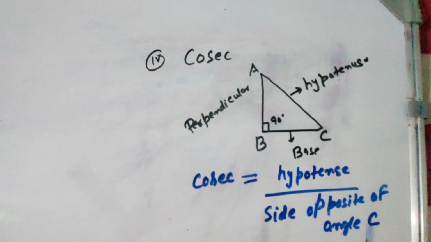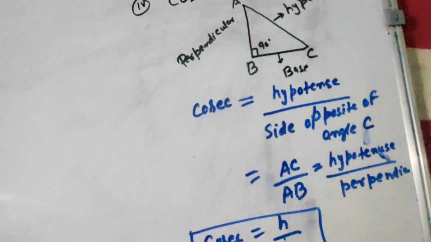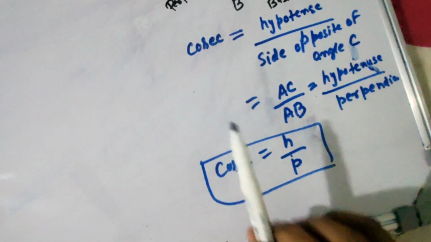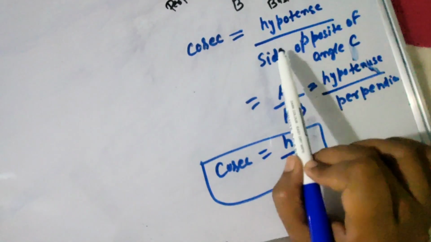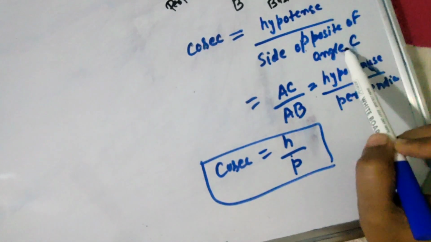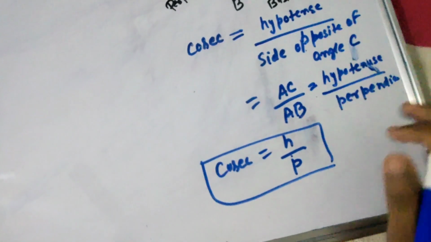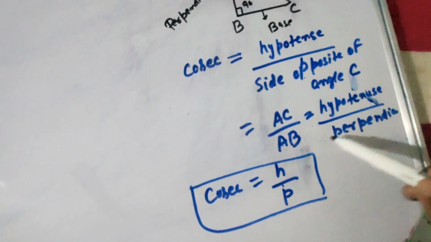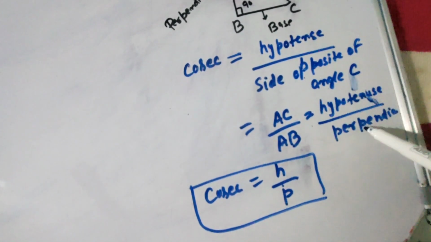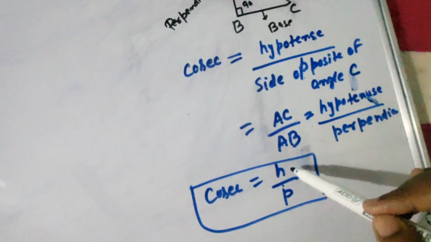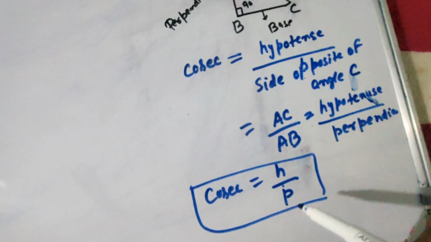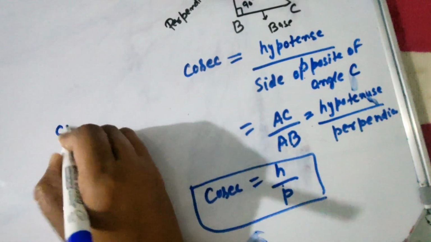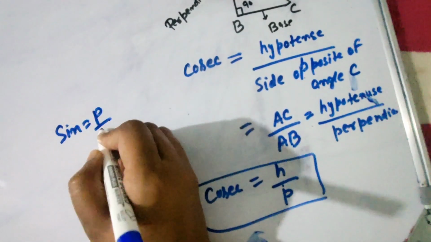Hypotenuse by perpendicular. But what is the sine formula? Cosec means hypotenuse by the side opposite of angle C. Hypotenuse is AC, and the side opposite of angle C is AB. So AC equals the hypotenuse and the side opposite angle C is the perpendicular. Then the cosec formula is hypotenuse by perpendicular. The sine formula is perpendicular by hypotenuse.